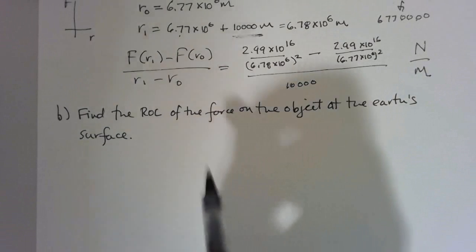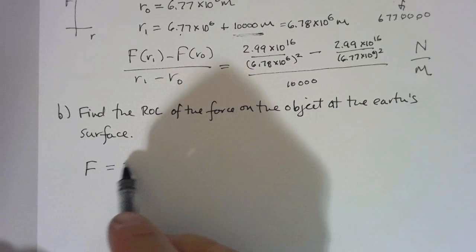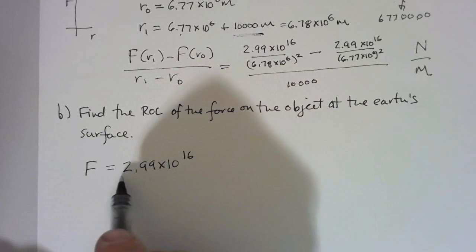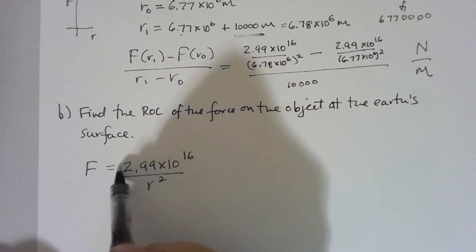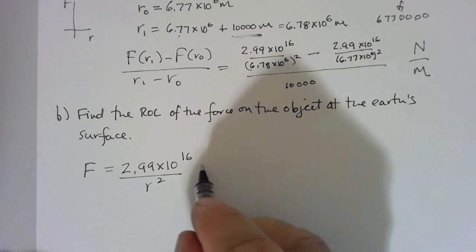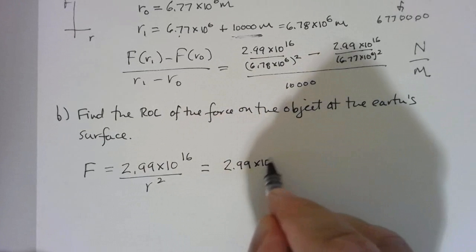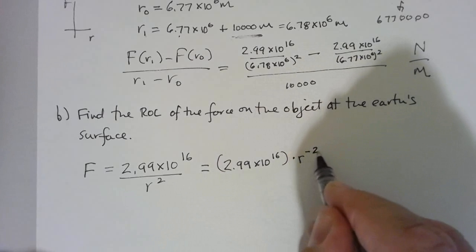This is going to involve the derivative. So here's the force formula again. I need to take the derivative of this. Now this is just a big ugly constant. I could use the quotient rule here, but a better way is to write this as a constant times r to the minus 2.